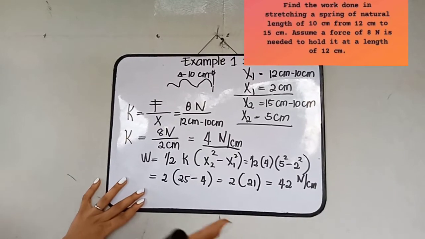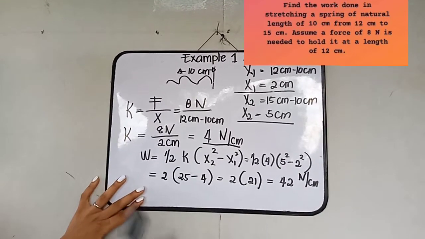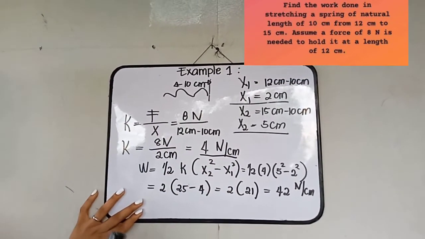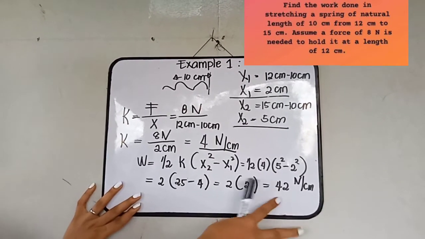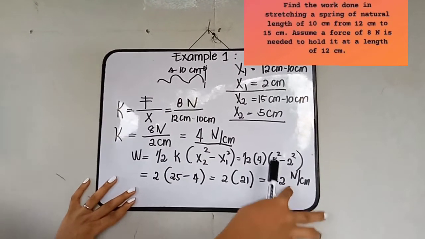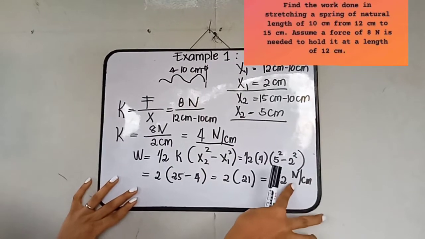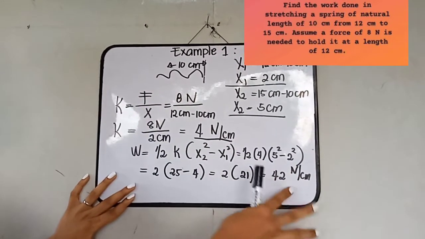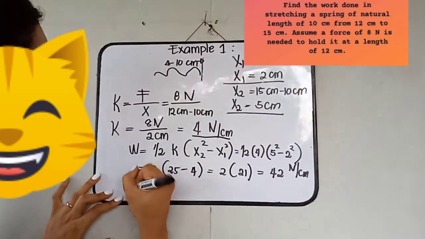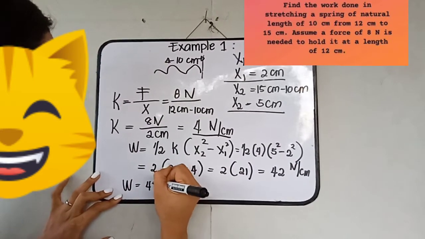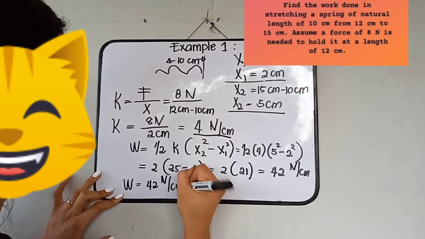And take note that the fundamental unit of work is the joule, which is Newton meter. Since our answer is 42 Newton centimeters, let's convert it to Newton meters. Work equals 42 Newton centimeters.